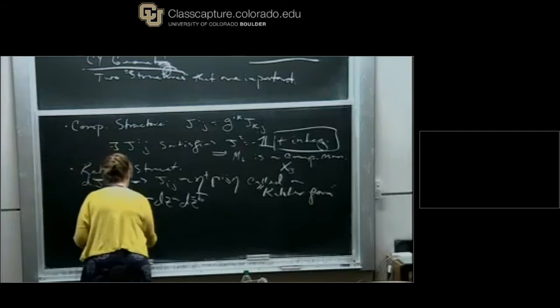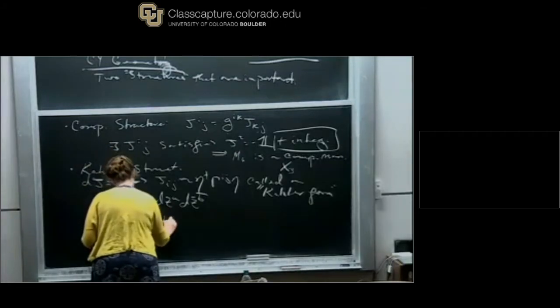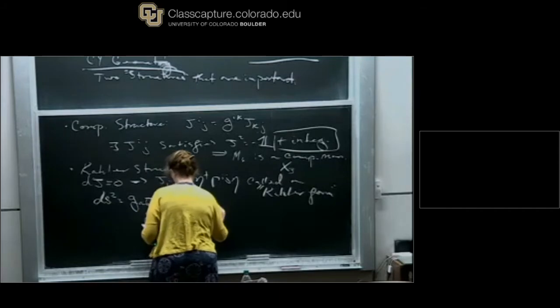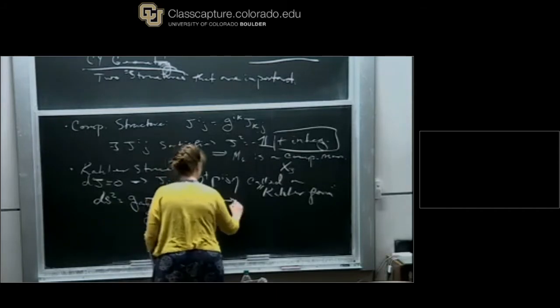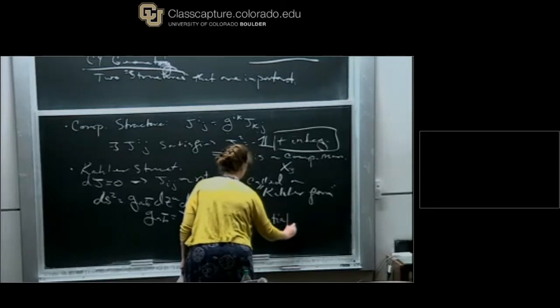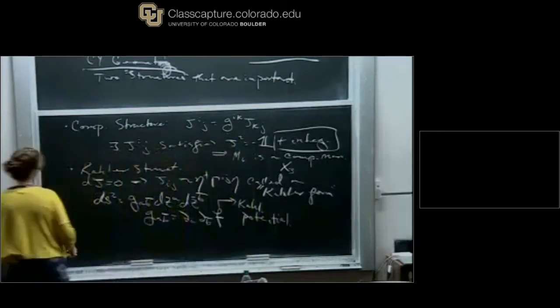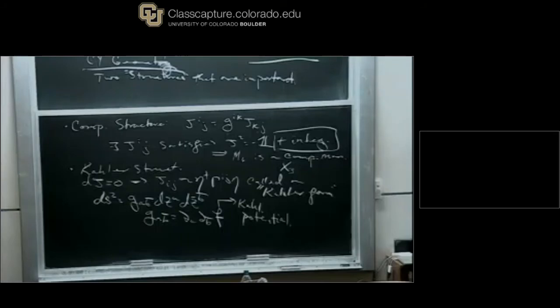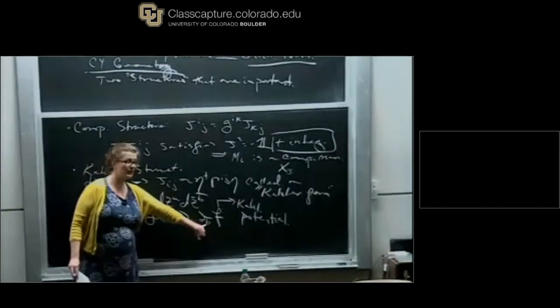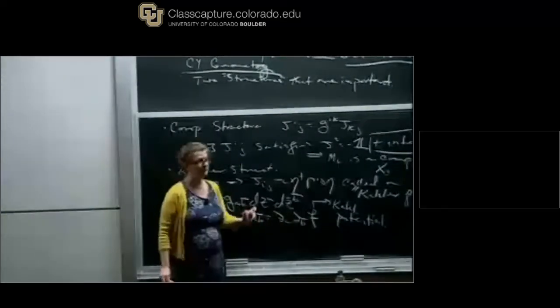And importantly, the closed condition tells you that g_{a b-bar} can be written as two derivatives of some function f, called the Kähler potential. So this is an incredibly useful structure because, even though you don't know what the metric is, it is really pretty simple. It can be entirely defined by some function f, the Kähler potential. You take a holomorphic and anti-holomorphic derivative of it, and you can reconstruct the metric.